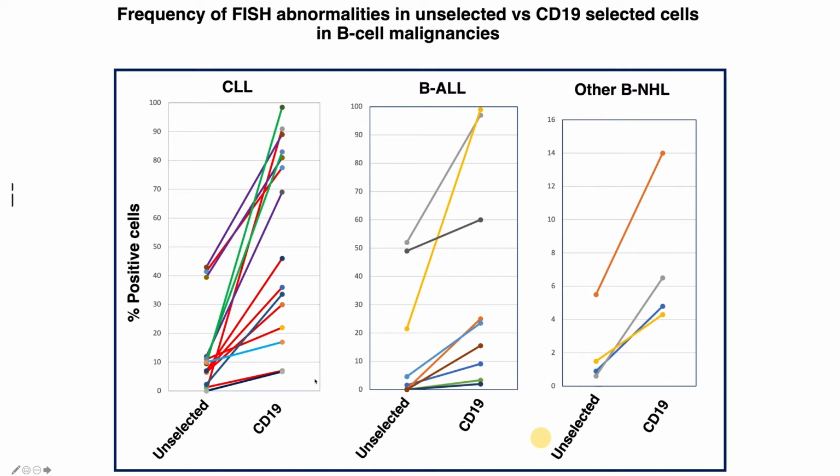You can see these differences are highly significant in all the histologic groups. So this validates the benefit of CD19 selection, notably in the cases where the unselected cells showed low frequency of chromosome abnormalities.